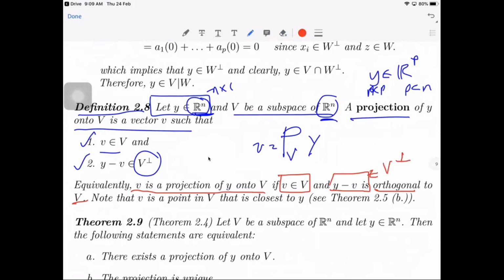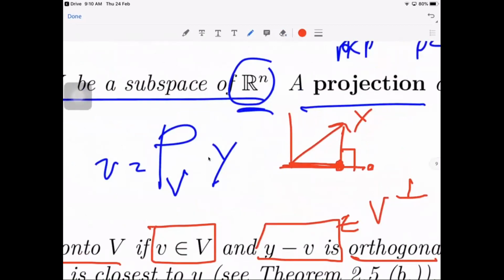Note that v is the point in V that is closest to Y. That will be the projection, the one that forms a right angle there. Any other point will not be the closest.